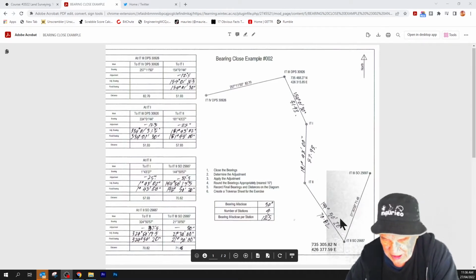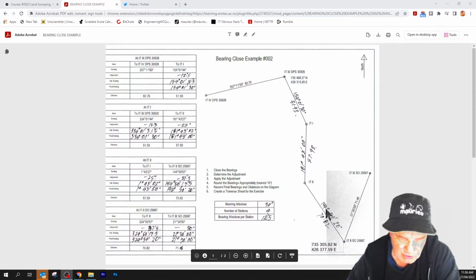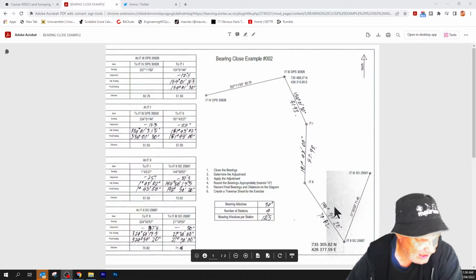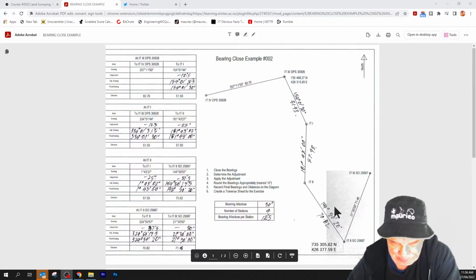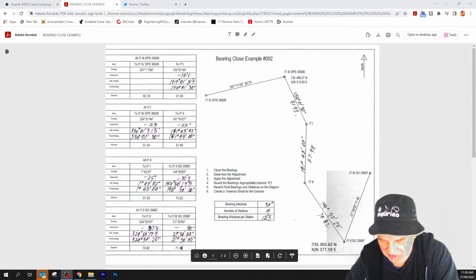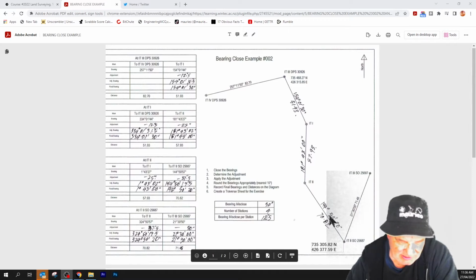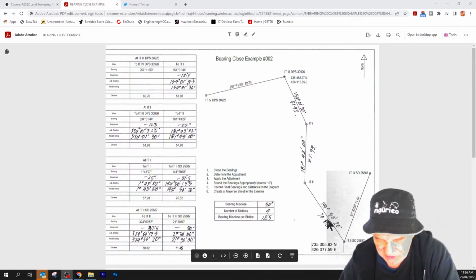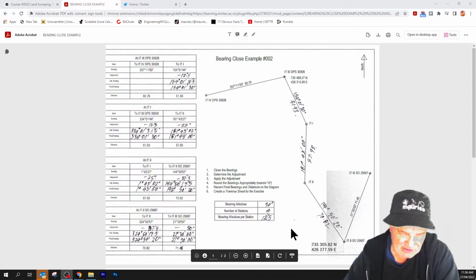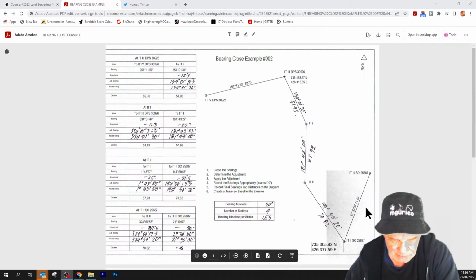And observed 144.57 down to iron tube 2 SO 25687. Then we've come to iron tube 2 SO 25687 and set the reverse bearing 324.50.57 and observed 21.30.50 to iron tube 3.